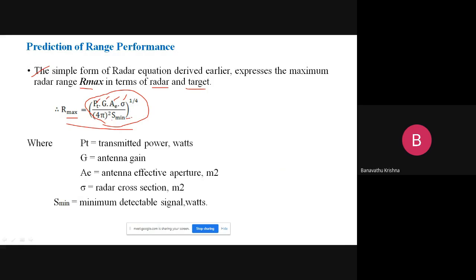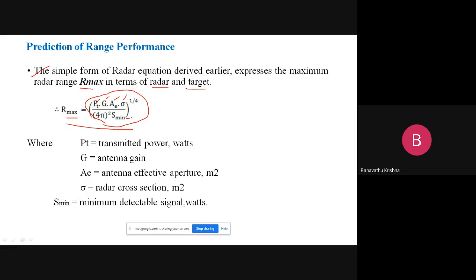If the target is present, we can find the range between the target and the radar station, in which direction it is available, and how much height above the earth. That will also be calculated based on this radar system.